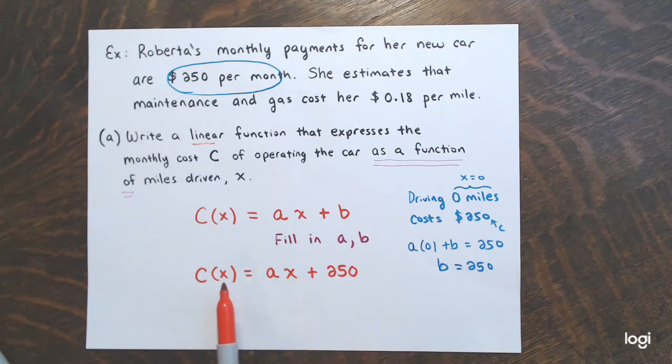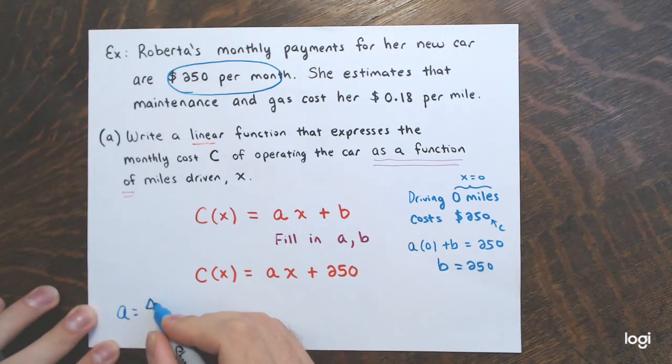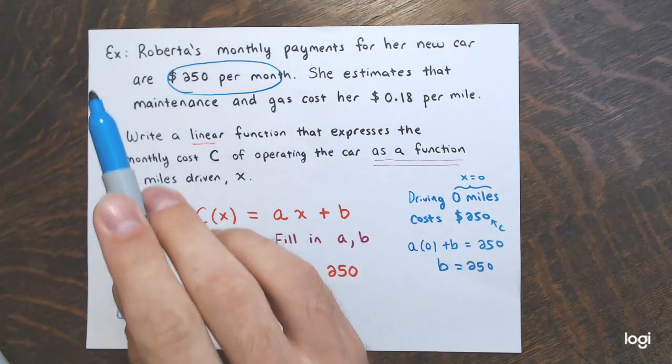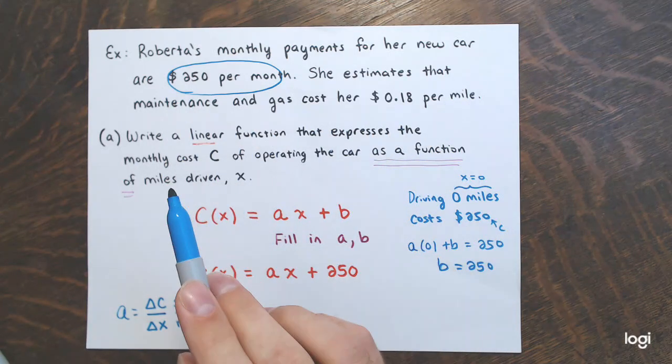So I want a cost though. What's the cost per mile, right? Remember the slope is a rate. Right? It's the change in cost over the change in miles, right? a is the slope. It would be the change in the cost divided by the change in the mileage, right? Which will be dollars per mile, right? If you add units to this, because they throw dollars on costs and they mention miles here, miles driven, right?